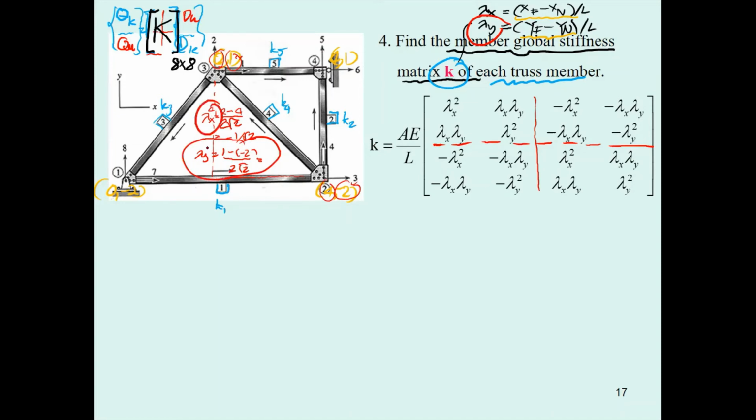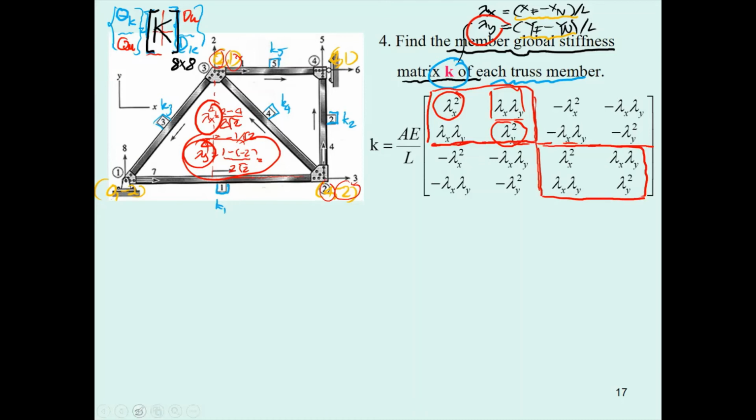Later, after you get this lambda sub x and this, you can see this one and this one will be squared, and then they are multiplied here. And you can see this block is the same as this block. You just copy it and put it into this.